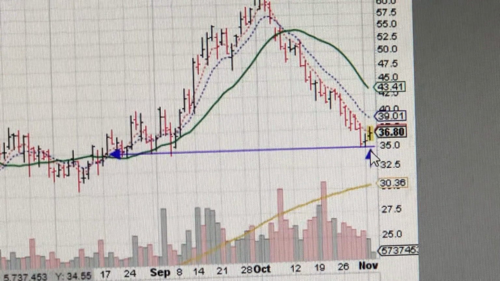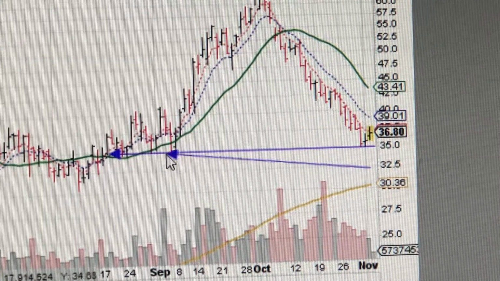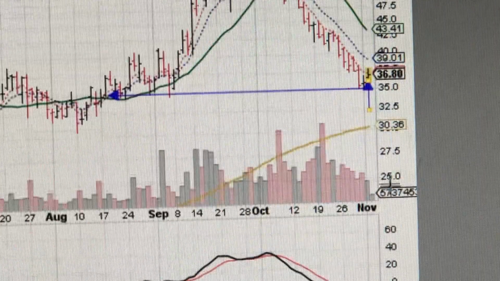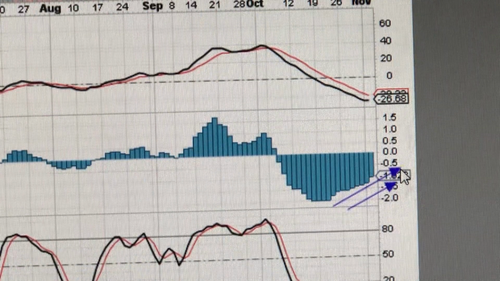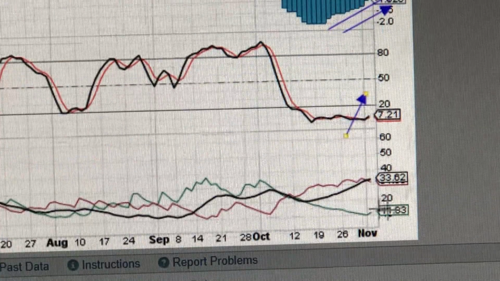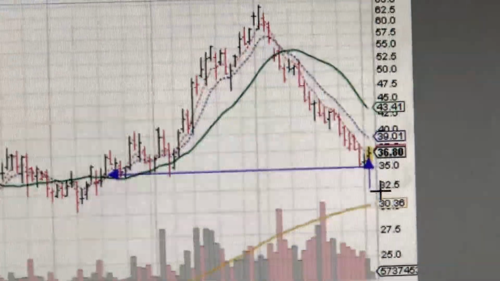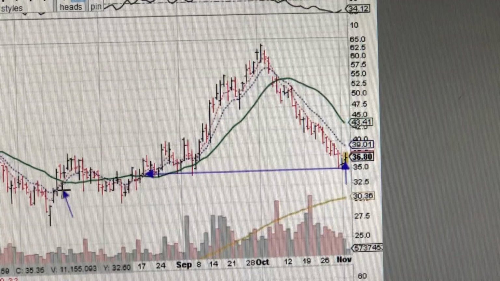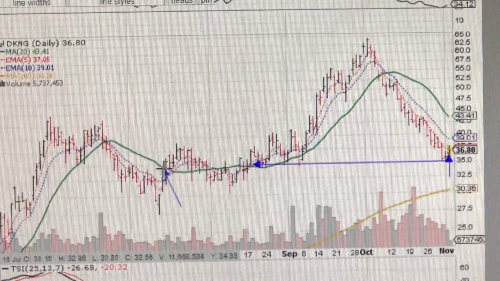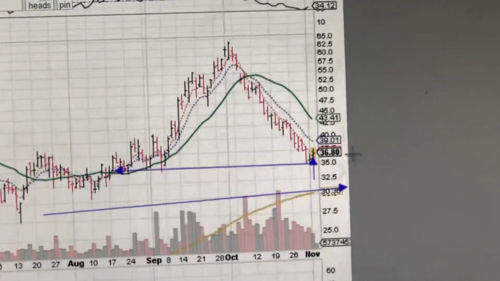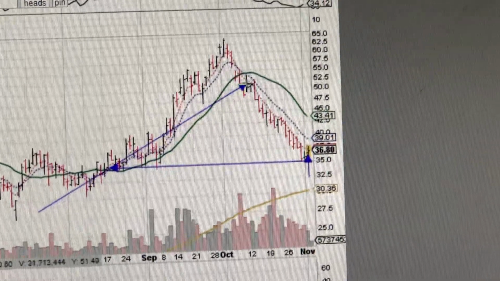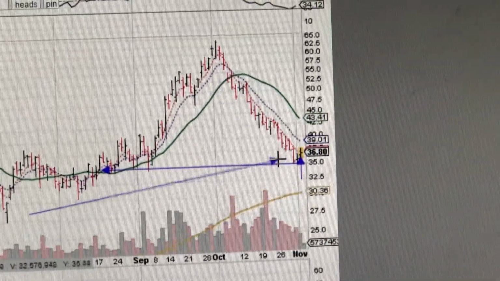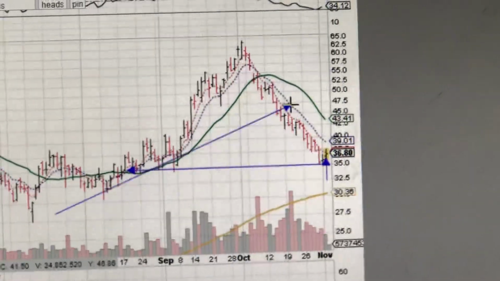We would have 1 day, 2 day, and look over here, you've got some support. You might take a shot at DraftKings here. MACD's telling you it's about to come out, but you're trying to buy the bottom here, so go light. Even when it stopped over here after its big drop, look how long it went sideways. This thing is not going to run away without you. The next target would be maybe 52 and then 62. So when you buy the bottom like this, you've got to nibble, because you're going against the trend.